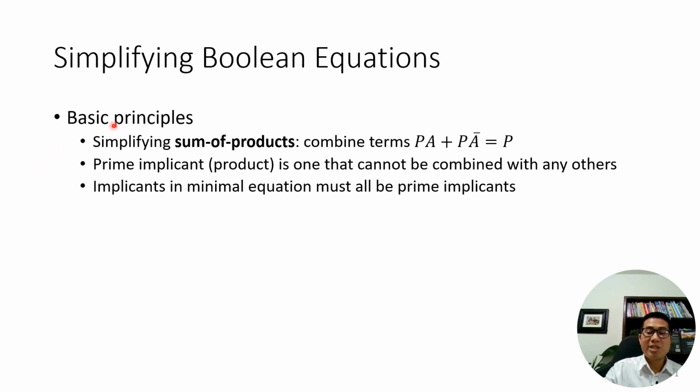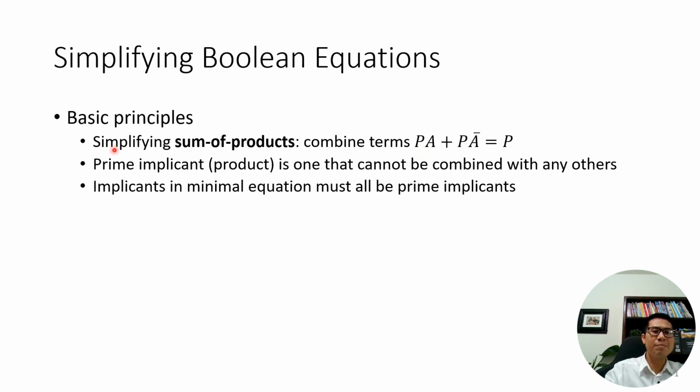The basic principles work for sum of products, or we can have the dual form of the theorems that will work with the product of sums. But we'll just go with one of them, and it's going to be similar for the other form, the dual form. So we'll go with this one.